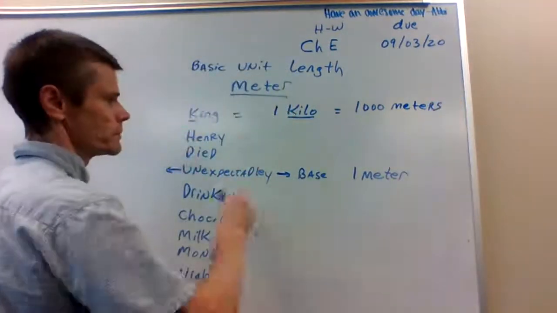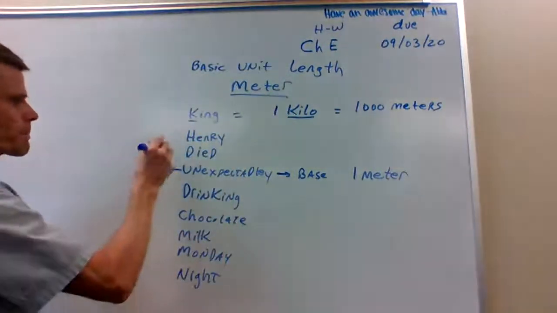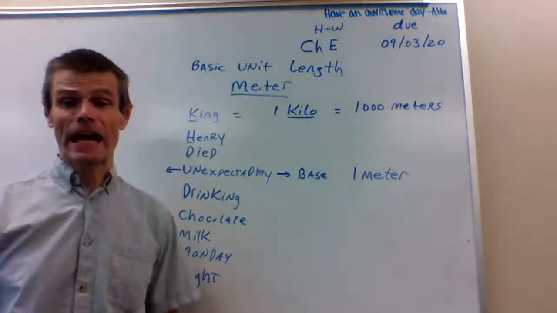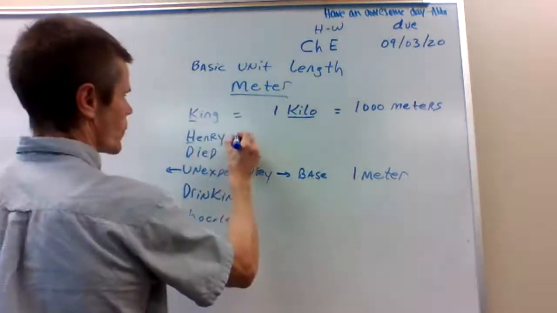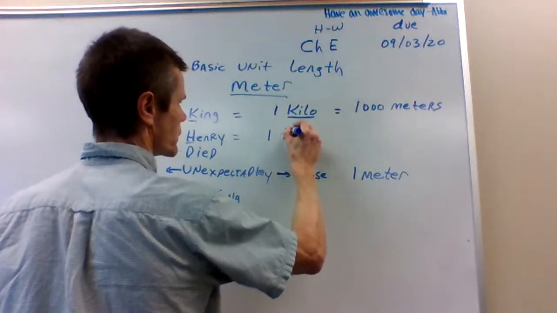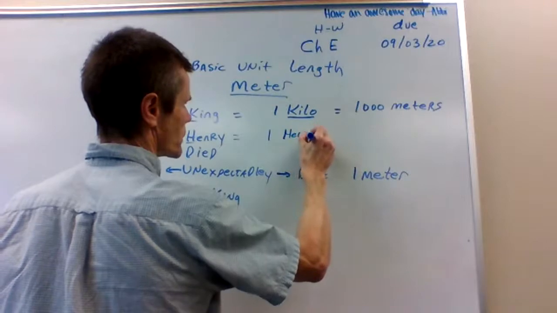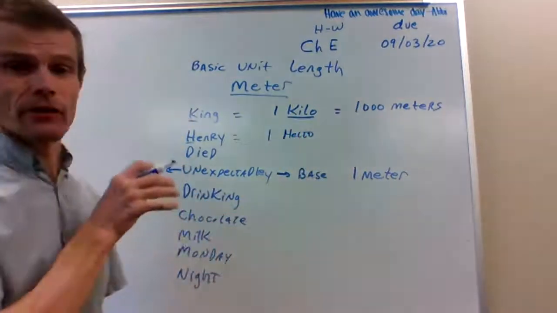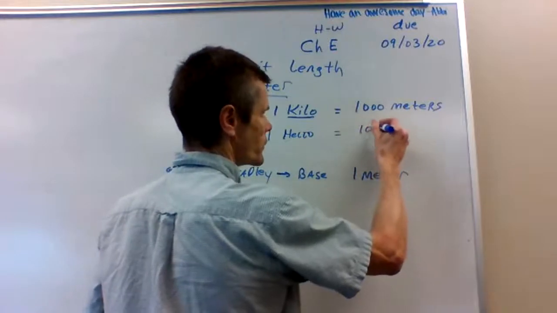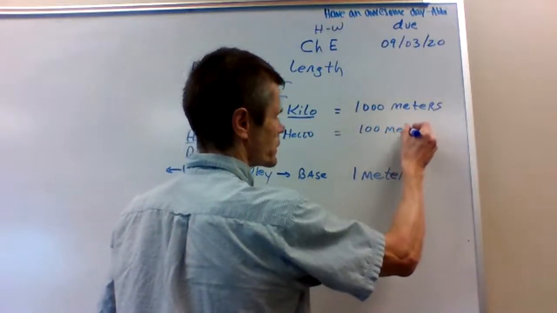So let's move to the next one. Henry represents hecto. 1 hecto. We don't use this a lot. 1 hectometer is 100 meters.